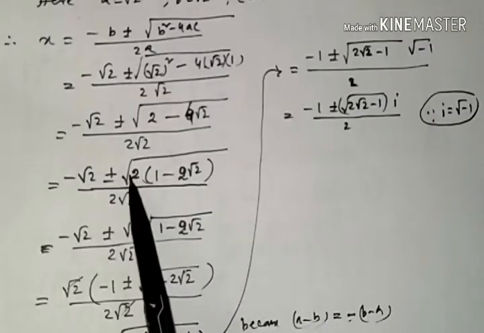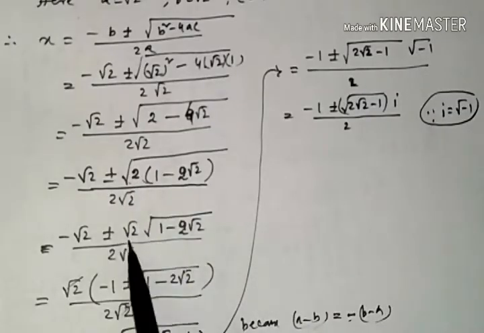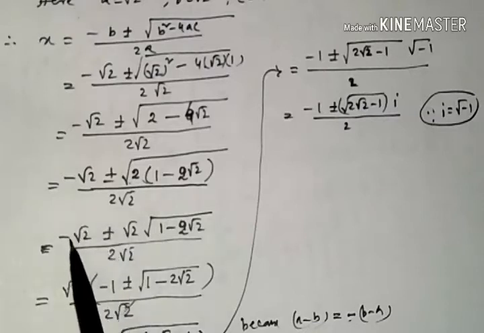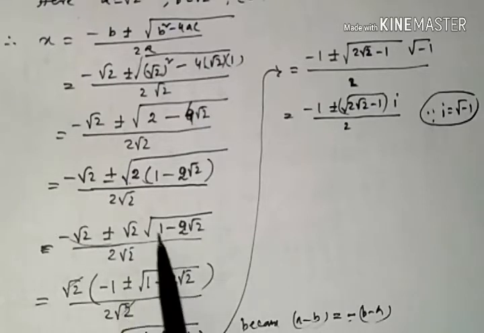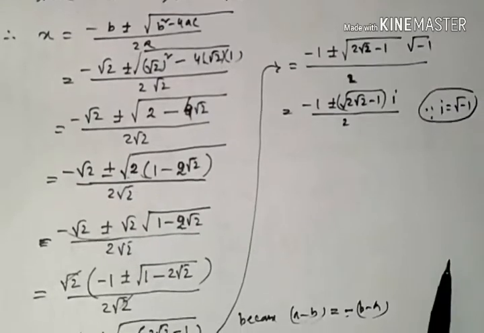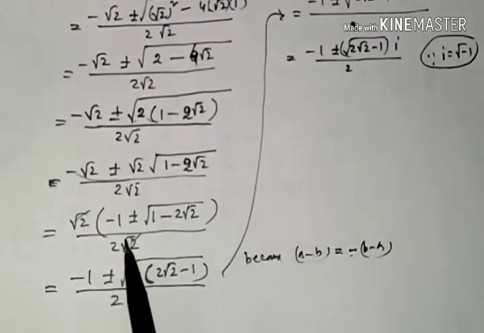Therefore, if we take √2 common from here, x = (-1 ± √(1 - 2√2))/... Now we just simplify it.